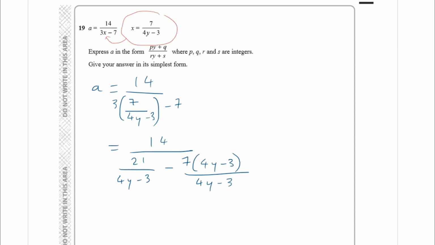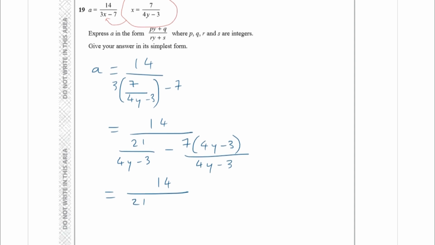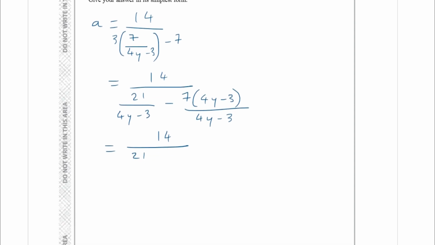So it looks a little bit tricky, but it's not too bad. So here 14 over, and so the 21 is here, and we need to expand the second bracket. So minus 7 times 4y is minus 28y, and minus 7 times minus 3 is plus 21, and all of this is divided by 4y minus 3.